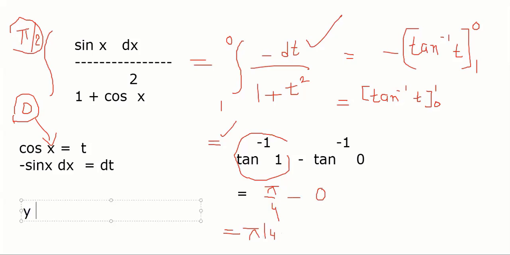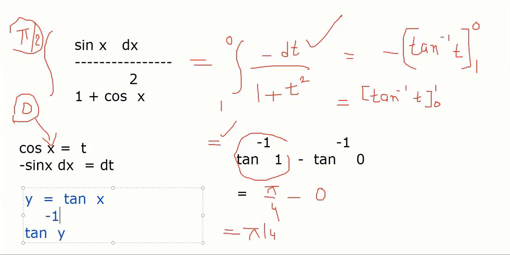If I say y equal to tan x, the simple way of doing it is, if we take tan to the left side, it becomes tan inverse y equal to x. Right, everybody? That is the concept of inverse.